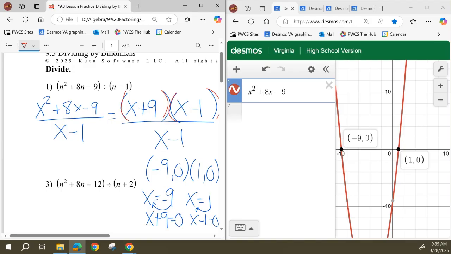So we can actually cancel out x minus 1 and x minus 1 like we did when we worked with exponents or when we were dividing polynomials earlier. And so what's left over is just x plus 9. And that is our final answer. So x squared plus 8x minus 9 divided by x minus 1 equals x plus 9.